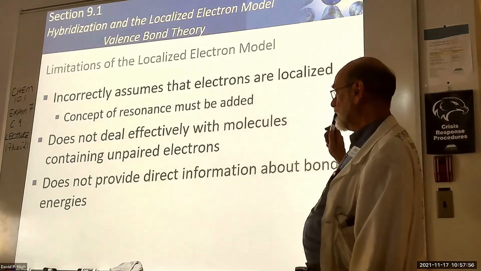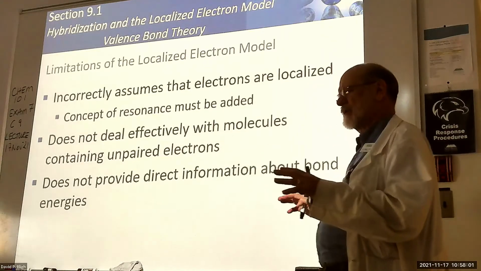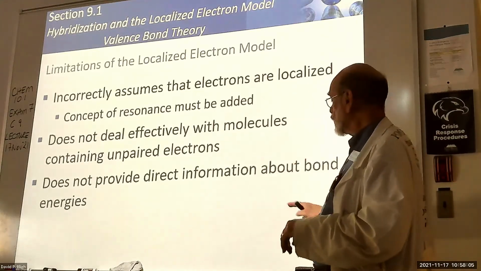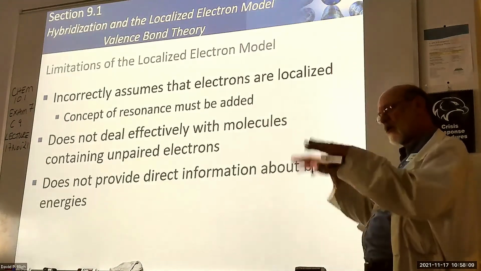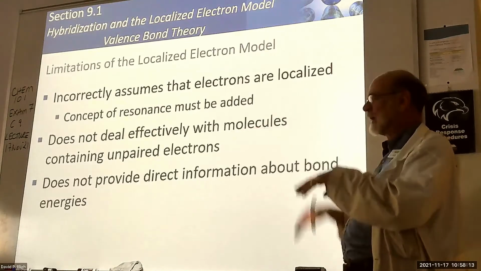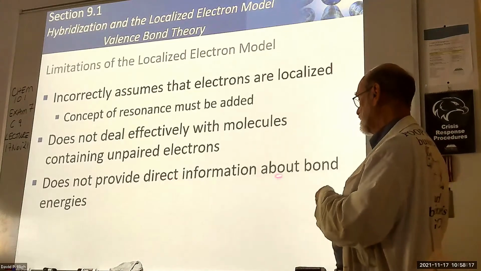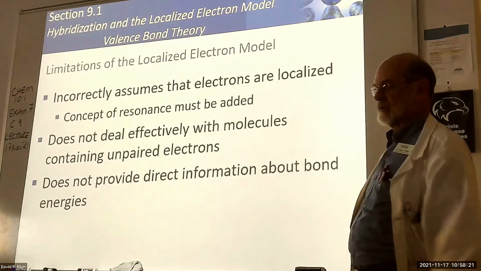Plus, we've only inferred bond energies on a relative scale. When I showed bond energies before, I didn't have numbers assigned to them. I just said, okay, relative to one another, this is where they are. The hybridized orbitals, somewhere in between. But the model itself cannot predict bond energies.